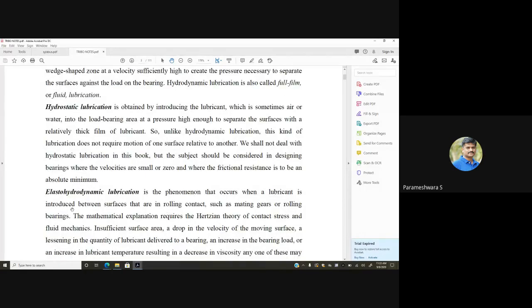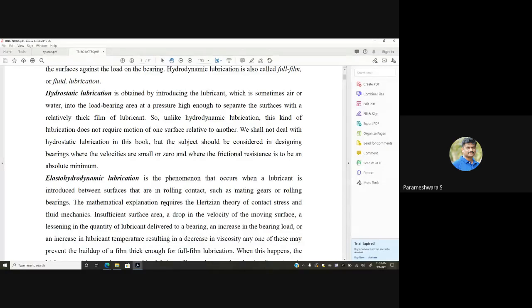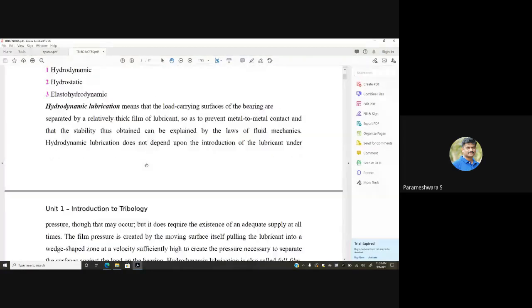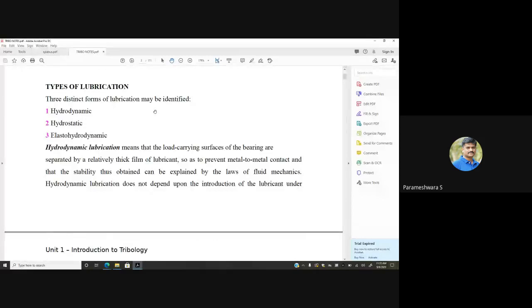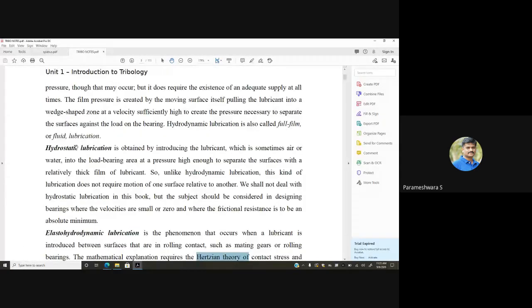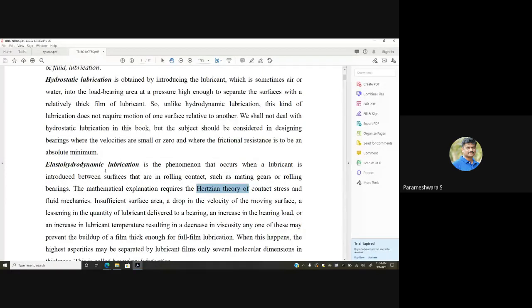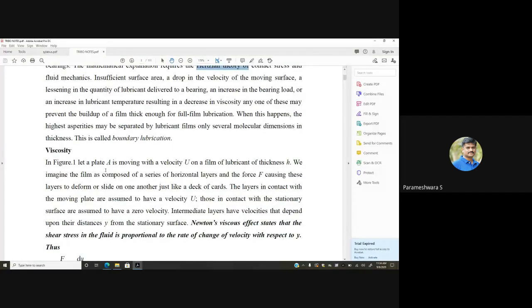Elastohydrodynamic lubrication is observed in very few cases, and you need to learn Hertzian theory to understand it, so for your syllabus you need not learn it. But if you get a question on this, just explain what hydrodynamic, hydrostatic and elastohydrodynamic lubrication are.